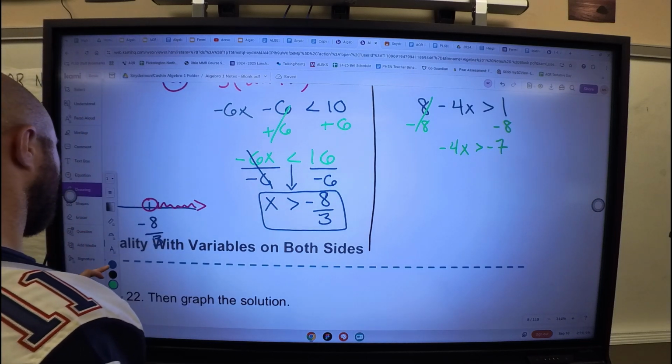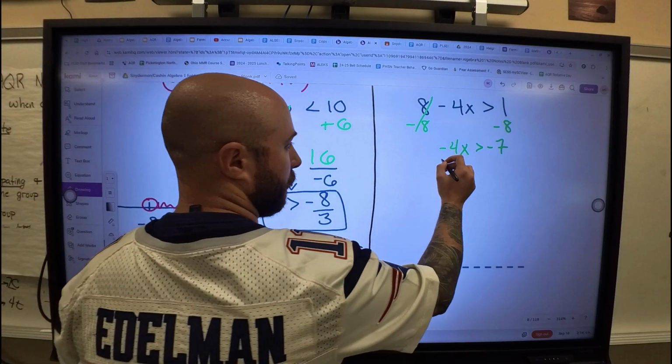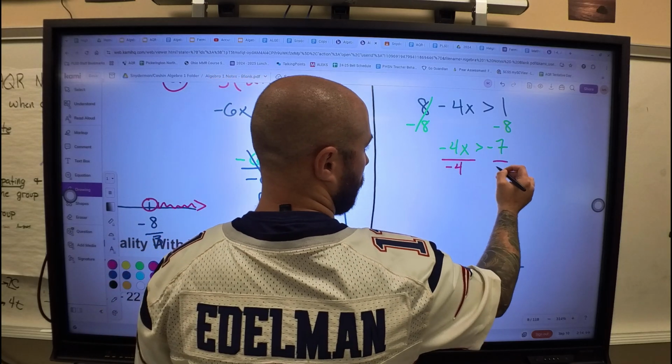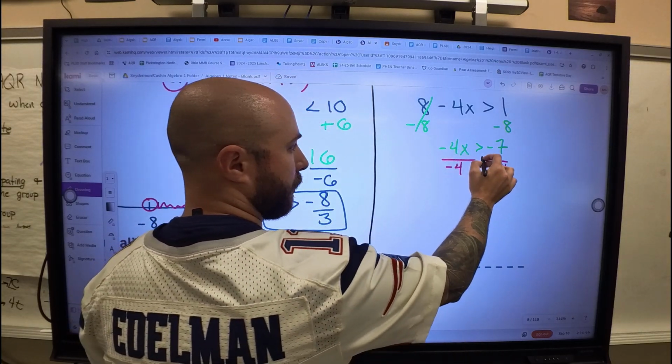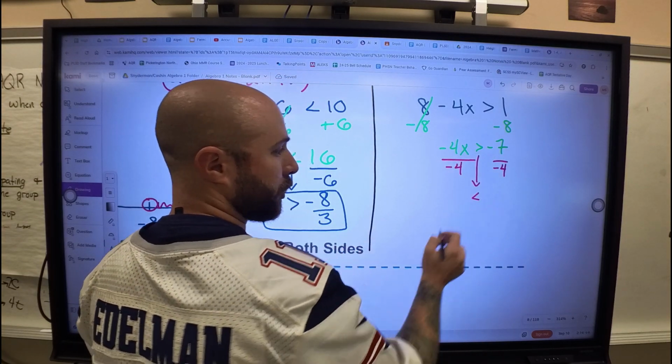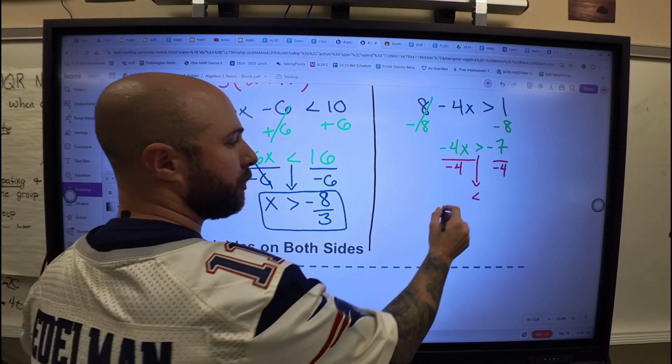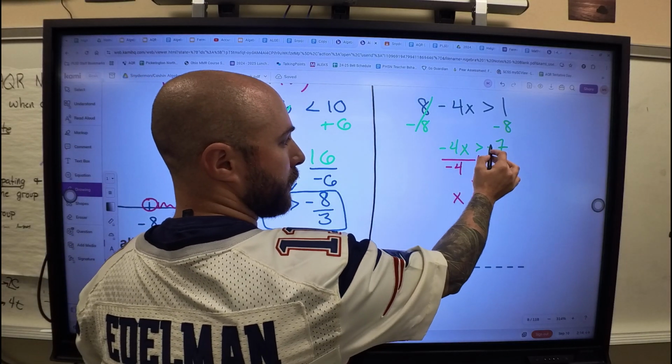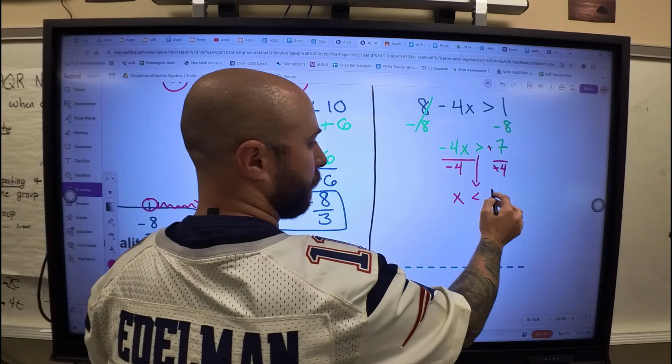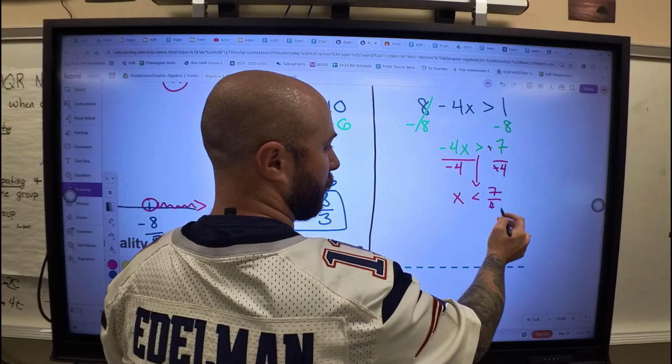Let's then divide by a negative 4. And because we're dividing by a negative number, let's automatically switch our inequality symbol. And then those negatives are going to cancel out to leave us with just an answer of 7 over 4.